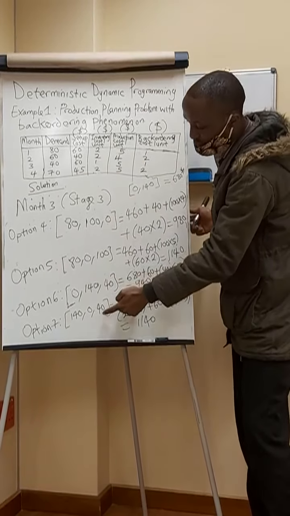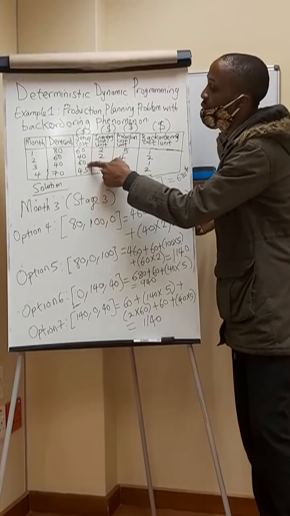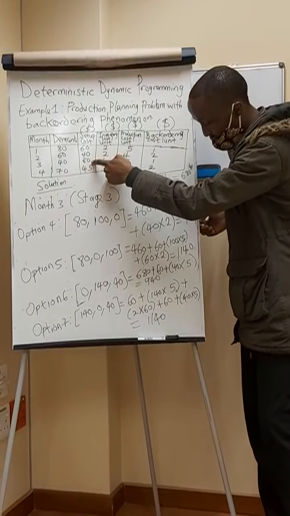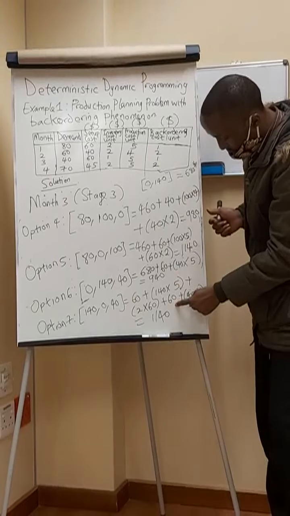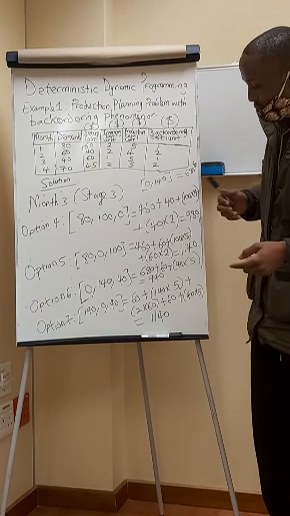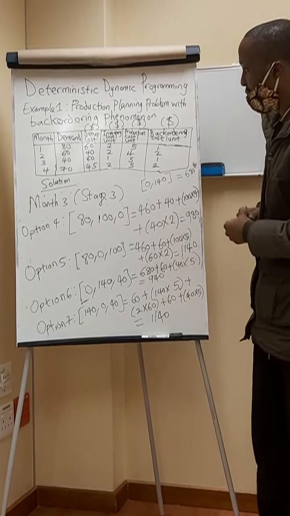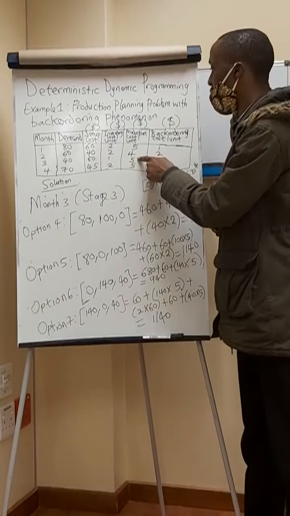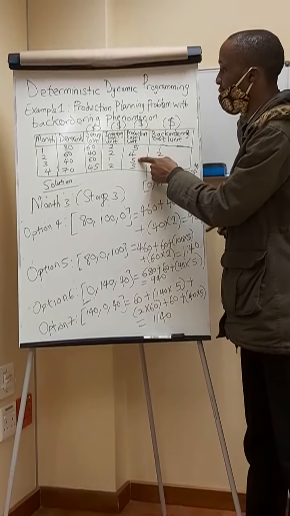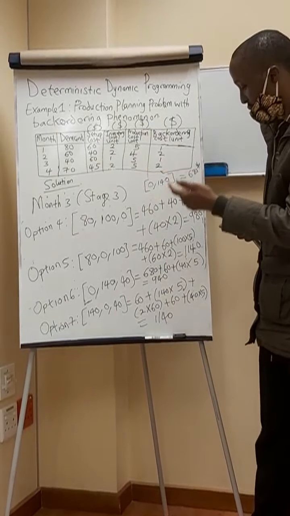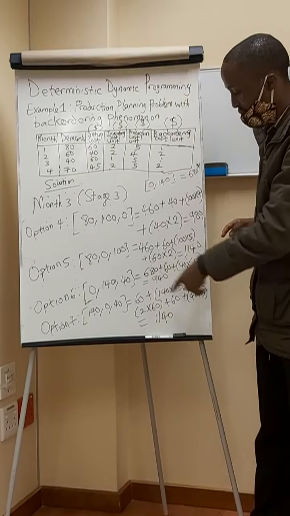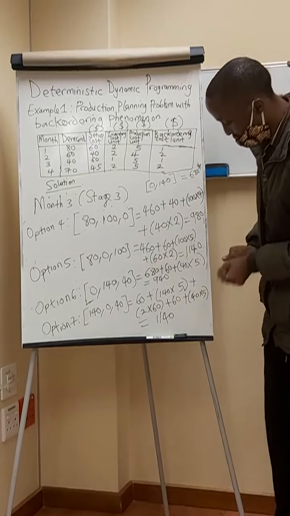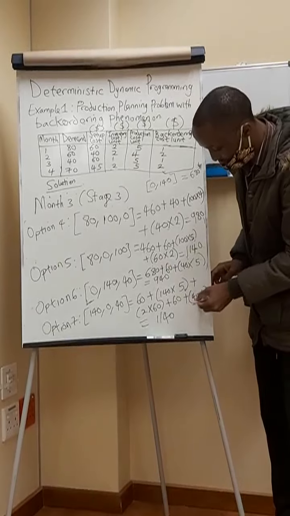So for producing 40 units in month 3, you incur a setup cost of $60 in month 3, plus producing that 40 units, the production cost per unit for month 3 is $5 per unit. You are producing 40 units, that will give you 40 times 5, and that is what you are seeing here, this 40 times 5.